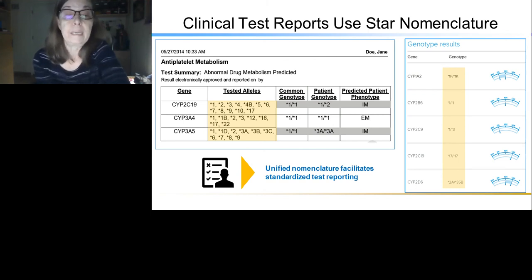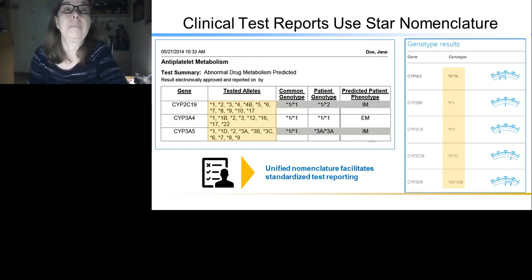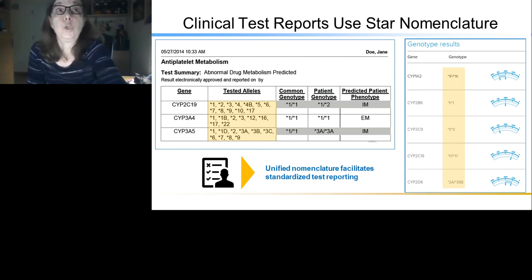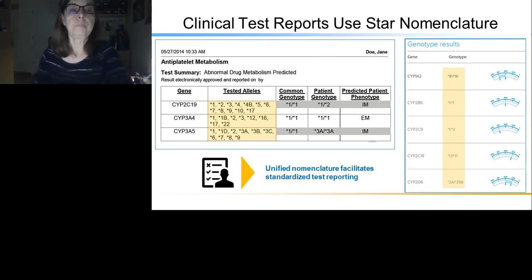Again, it is very important that unified nomenclature is used for these test reports, because otherwise it is really impossible to interpret these, especially across providers, as patients might leave one institution or switch physicians. So there is definitely still a lot of work to do to make that more unified and standardized.